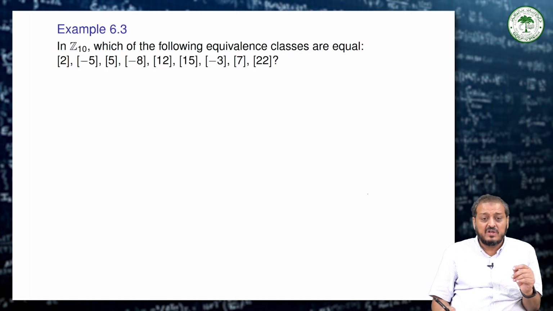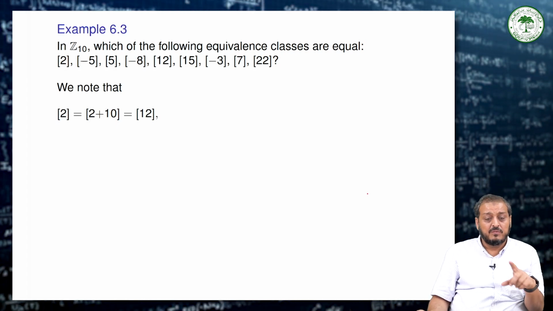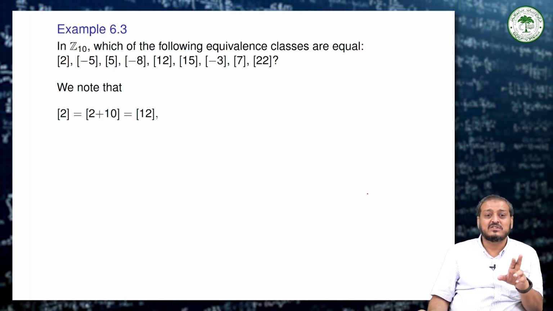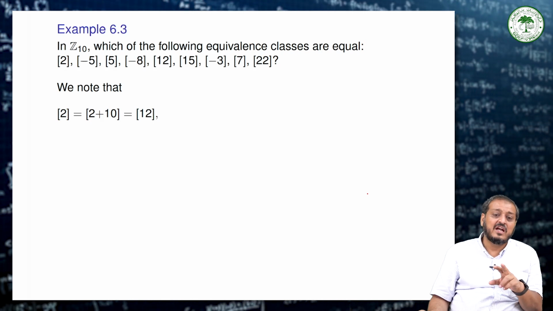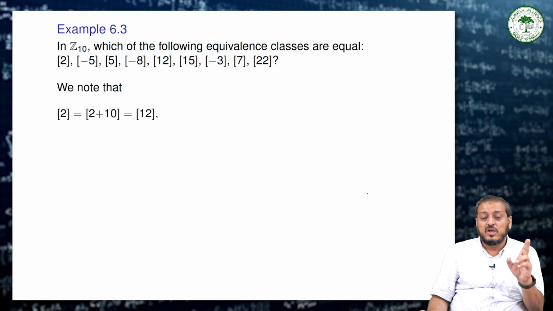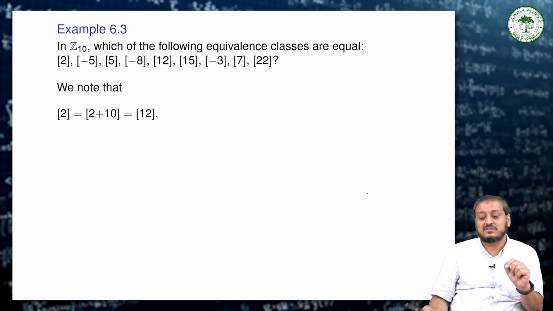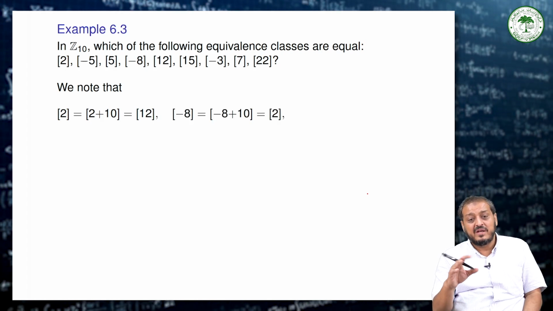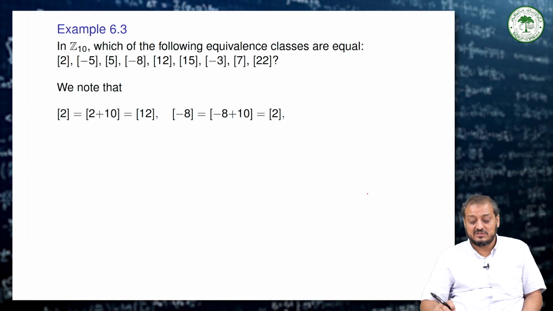So let us begin. We note that we have n equal to 10, so the equivalence class of 2 and the equivalence class of 12 are the same, because 2 plus 10 is equal to 12. Similarly, minus 8 plus 10 is equal to 2, so the equivalence class of 2 and of minus 8 are also the same.